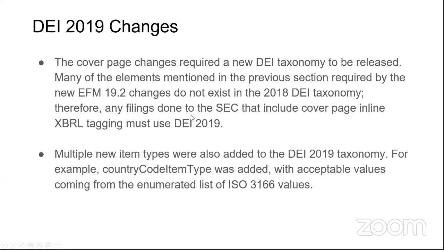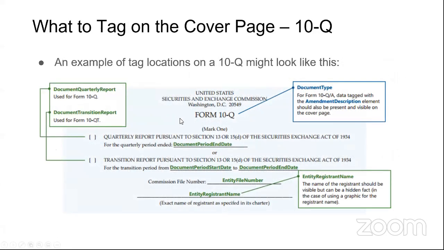But let's take a quick look at a map of what this might actually look like on a cover page. So here we have a sample Form 10Q document with some placements for these tags. Obviously at the top you have your document type. This would be tagged as document type. You have your checkboxes. These would have to be Unicode checkboxes. Right now they're not showing as Unicode checkboxes on the sample.